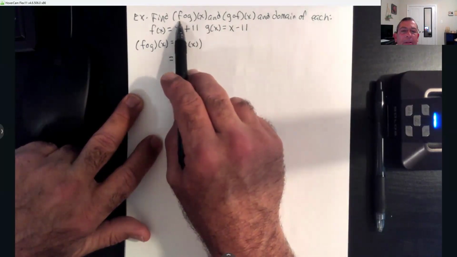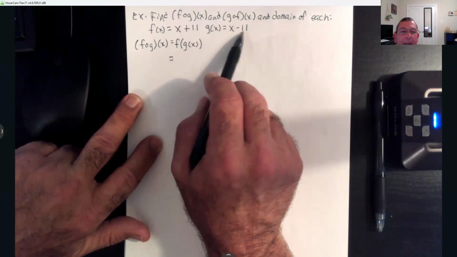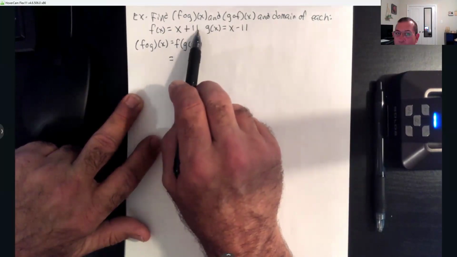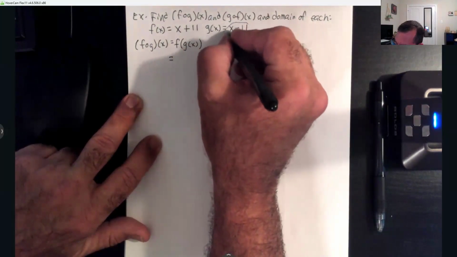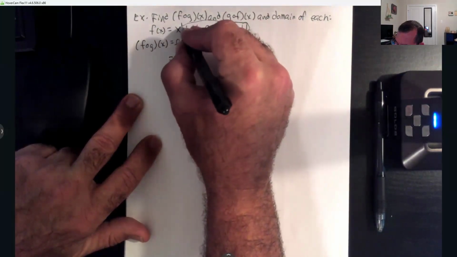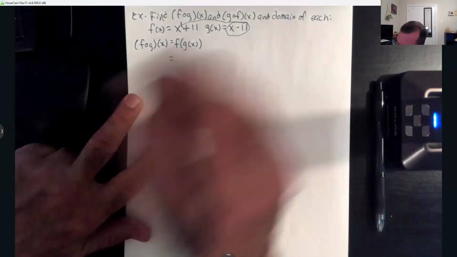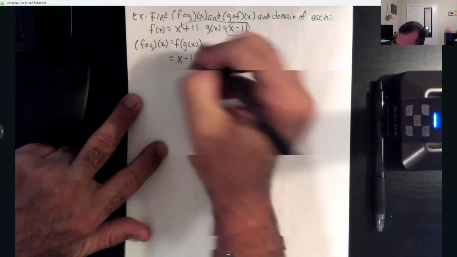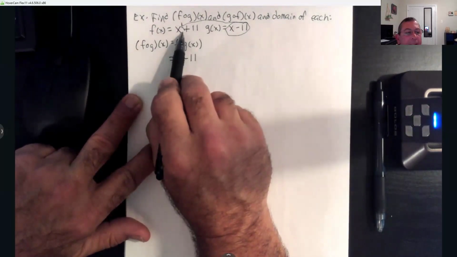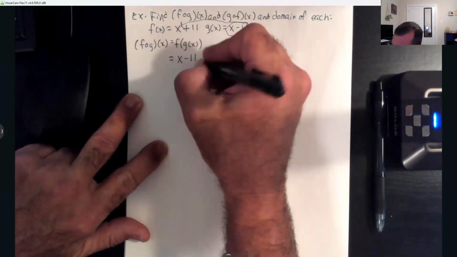So we'll have g of x plus 11 when we're done. Let's put this x minus 11 in for that x. Doing that, I will have x minus 11, which takes care of the x, and then I have plus 11.